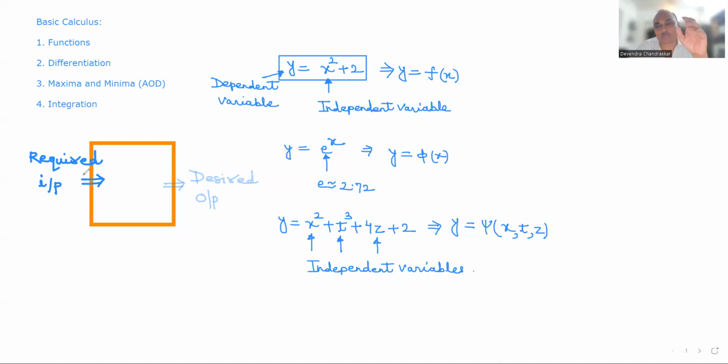Whatever was required, you took that required input and arranged all the required things. So for making tea, you took tea leaves, water, milk, sugar, everything. Now what you did was you made a mixture of that and you put it in the freezer.